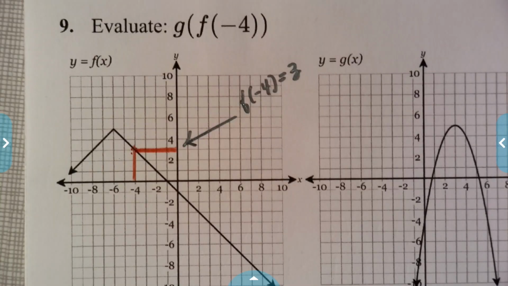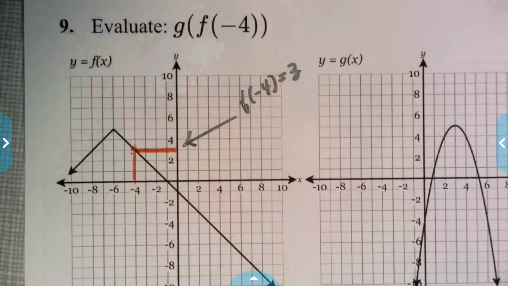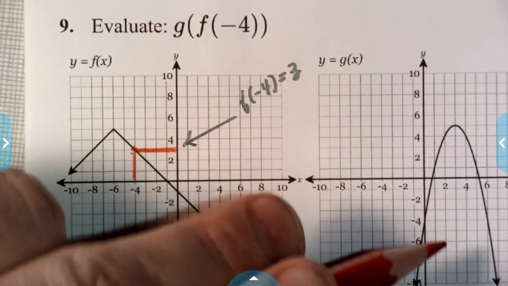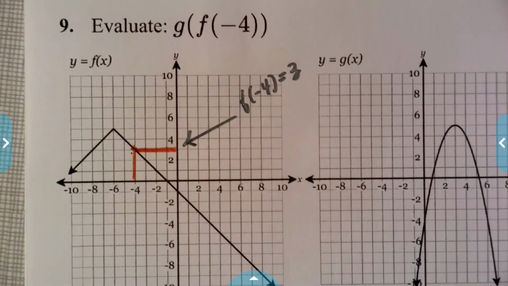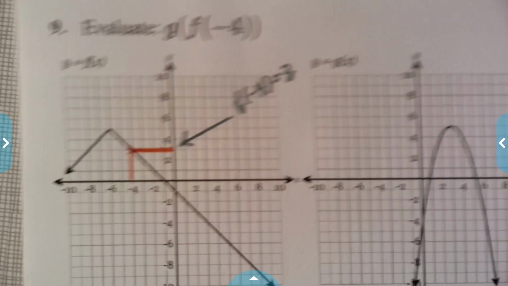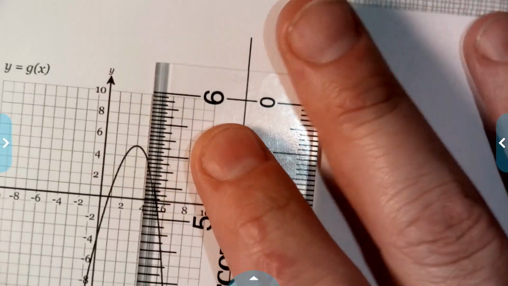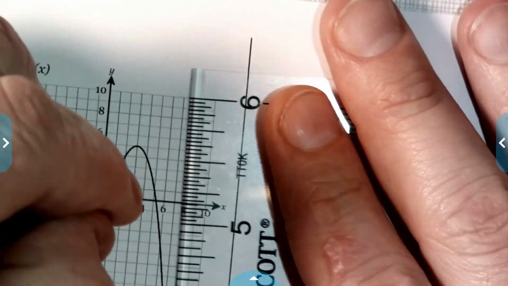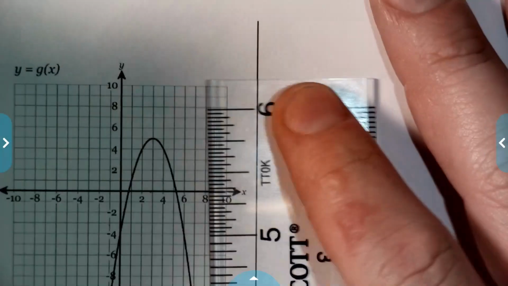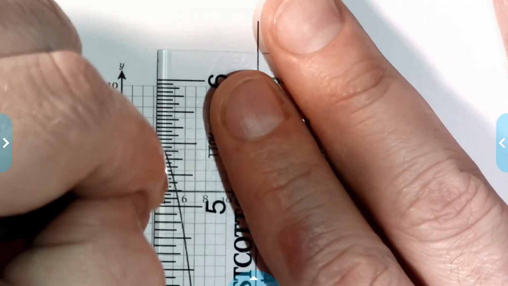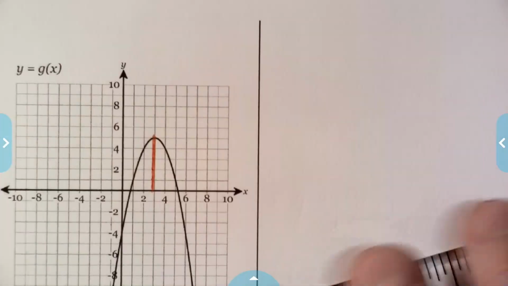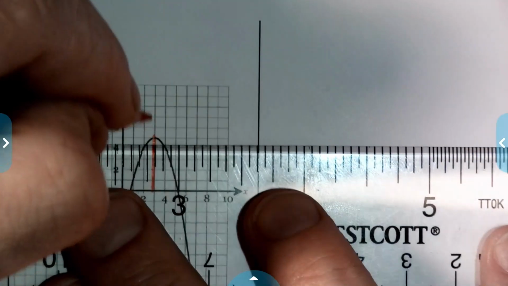So that's 3. And then what do you do now? Well, you plug that in over here, right? So now you go over here and find 3. That's right here in between 2 and 4. And we go up to the curve, and then we hang a left in this case and go to the y-axis over here.